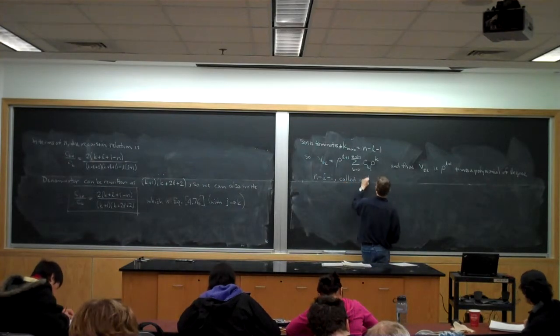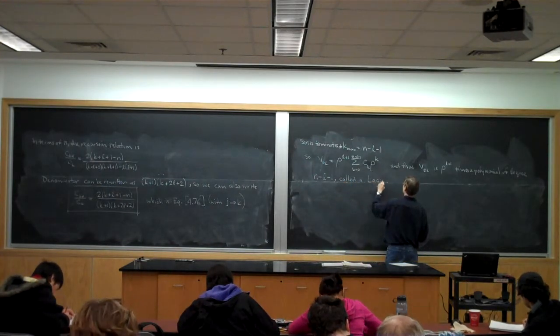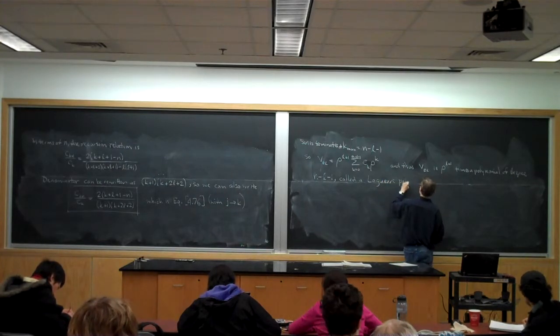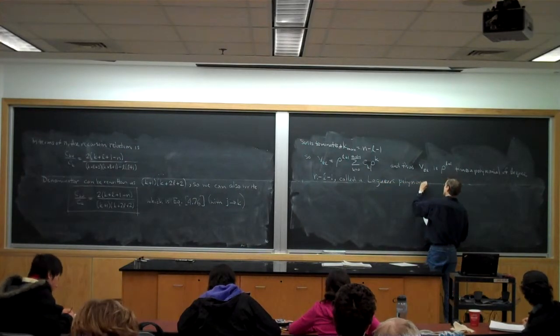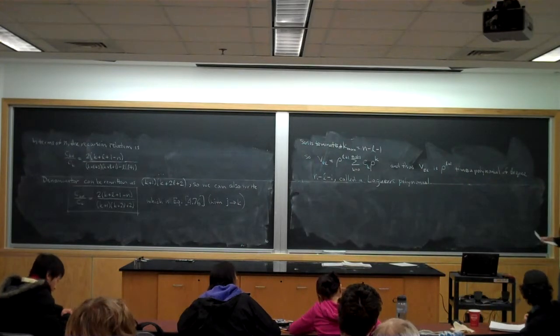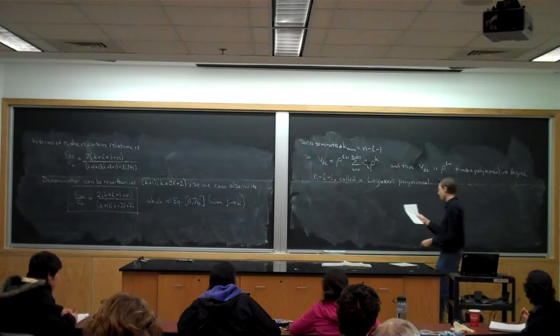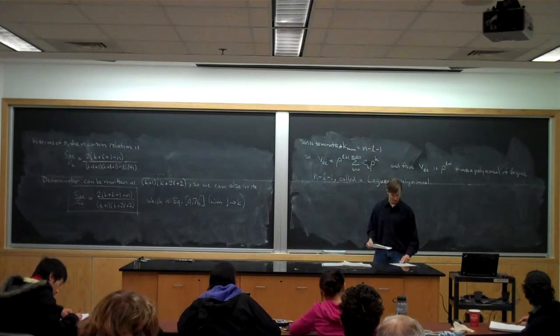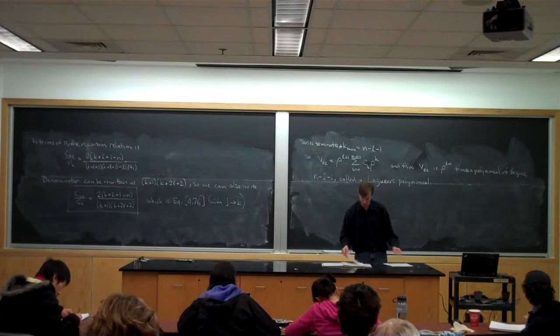Called a Laguerre polynomial. And I'll leave it to you doing the homework to see a little bit more about lovely properties of Laguerre polynomials and associated Laguerre polynomials and all that sort of deliciousness.